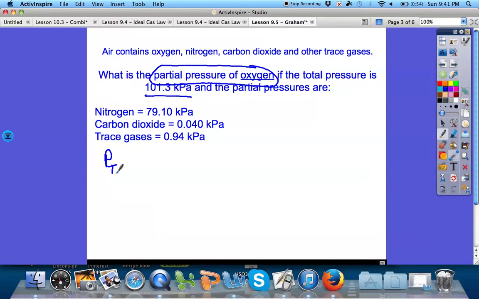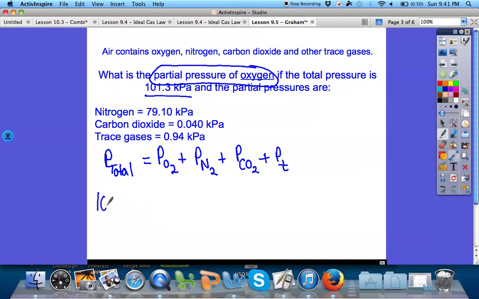So the equation is going to be P total equals the partial pressure of oxygen plus the partial pressure of nitrogen plus the partial pressure of carbon dioxide plus the partial pressure of the trace gases.